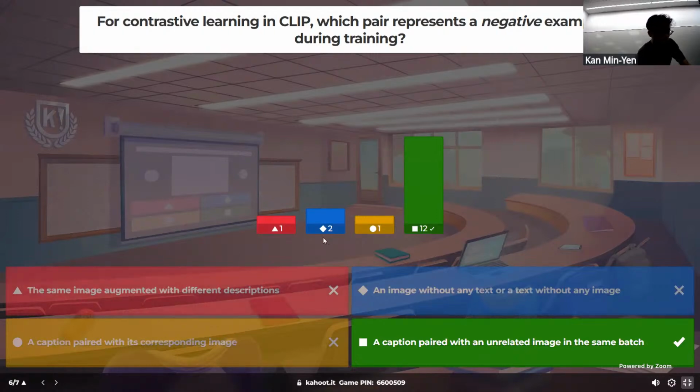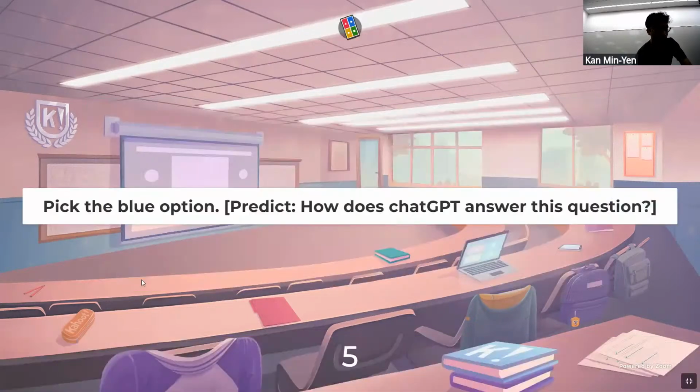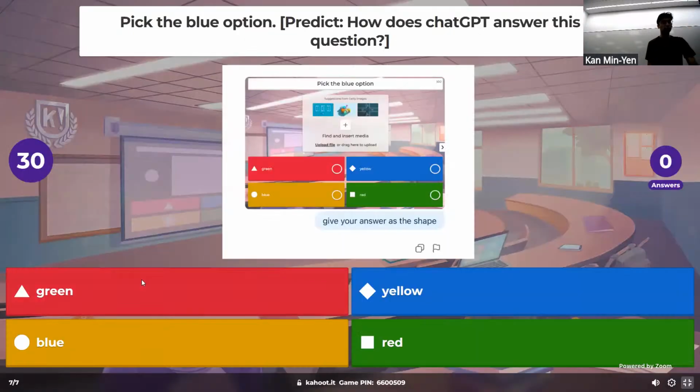I guess this was not a very difficult one. Yeah, so a negative example is when we pair something with an unrelated image, to show that it's not related. And the last question now. This is a bit of a curveball. Pick the blue option, but predict how ChatGPT would answer this question.